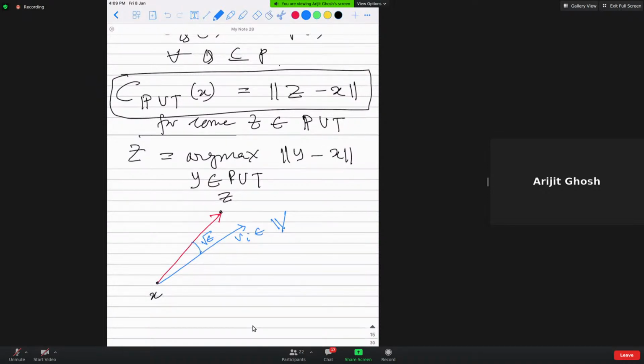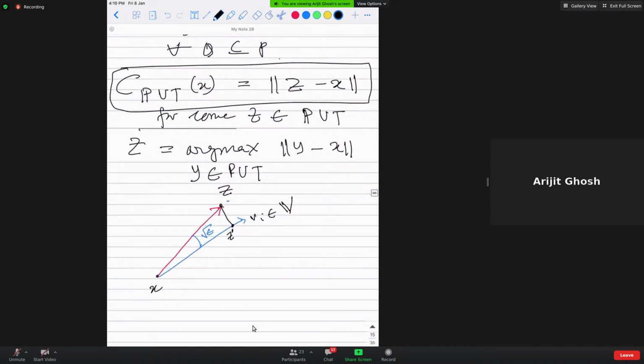This vector xz, there will be a vector vi which will make a small angle with it. So let's project z on this, and get z prime.